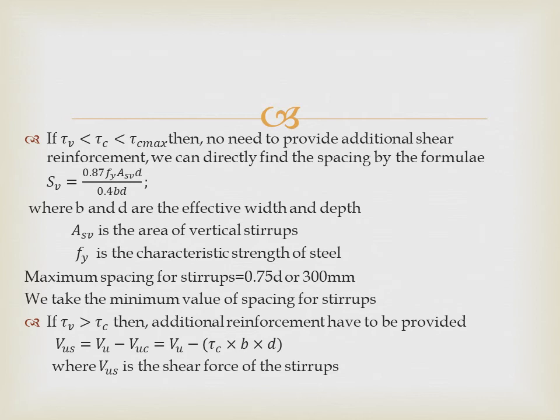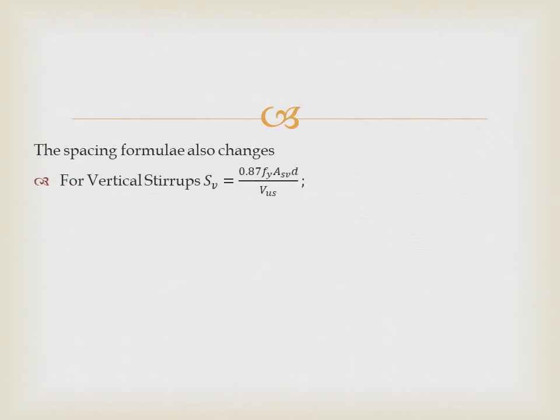Now we substitute it in the formula of spacing. But when we provide additional shear force, it depends upon what type of stirrup you're providing. So the spacing formula changes. For vertical stirrups, which are usually asked throughout, SV is equal to 0.87 Fy ASV D by VUS.